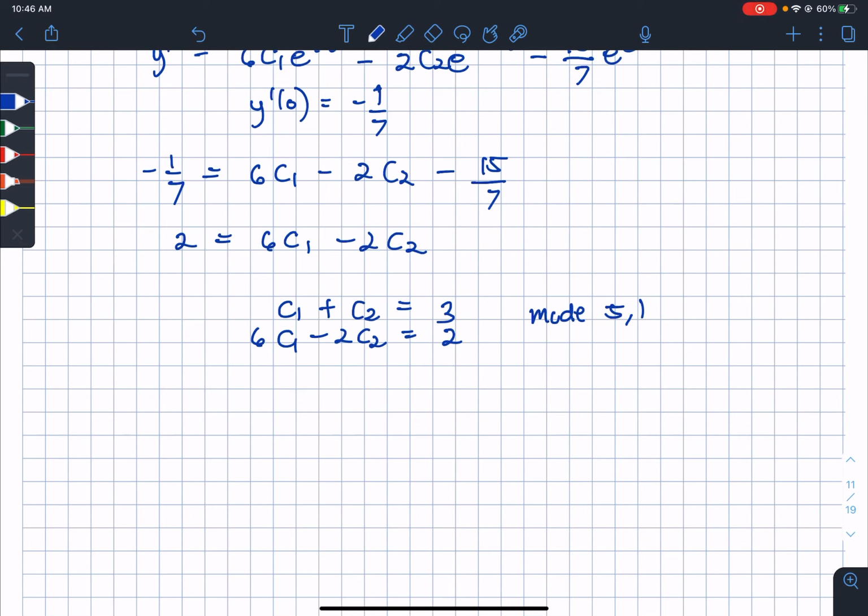I'll just use my calculator: 1, 1, then 3, 6, negative 2, and positive 2. So I'll have c1 equal to 1 and c2 equal to 2. So is that correct? c1 is equal to 1 and c2 is equal to 2.